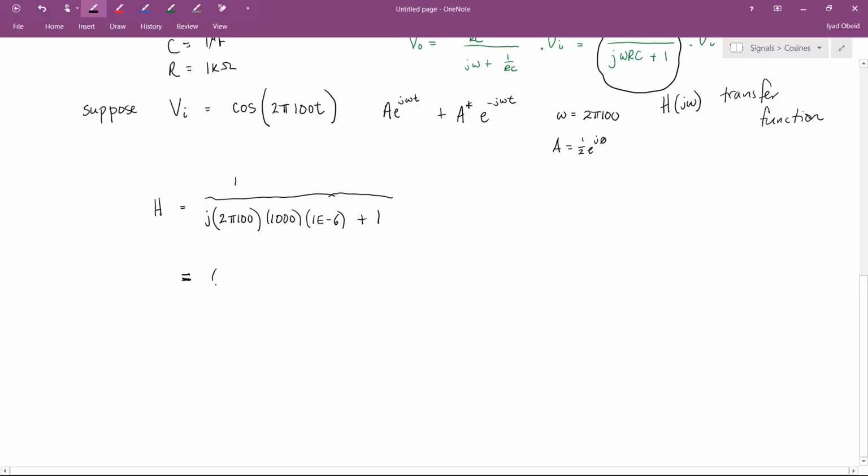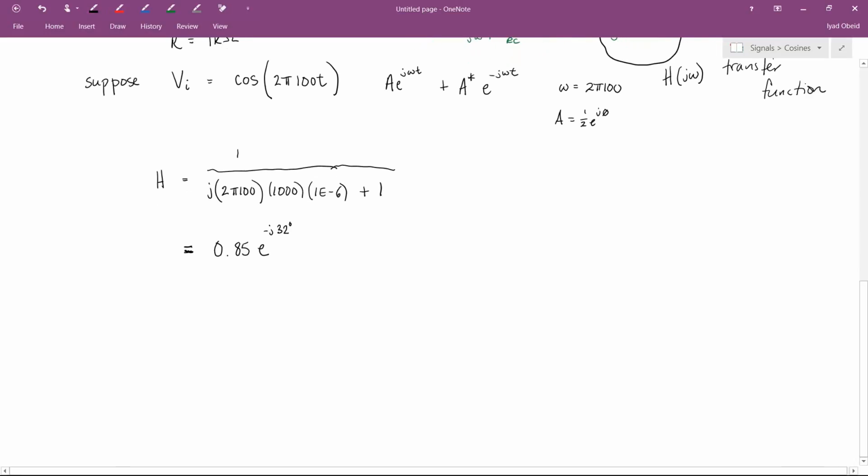You get 0.85 e to the minus j 32 degrees. I'm going to put my phase angle in degrees, not in radians.